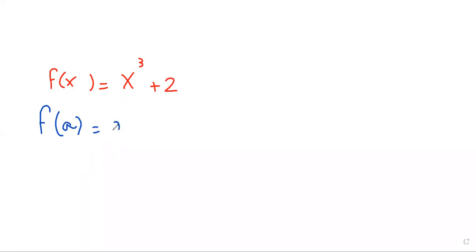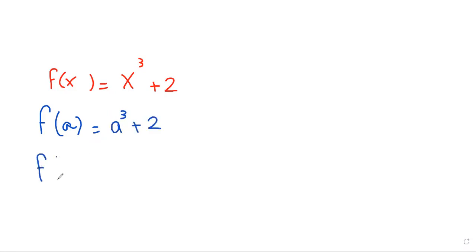If I have a function like f of x equals x cubed plus 2, and I want to check if this function is one-to-one or not, then without graphing, we will find f of a. What is a? A is any value. So instead of x, I took a, so write a cubed plus 2.